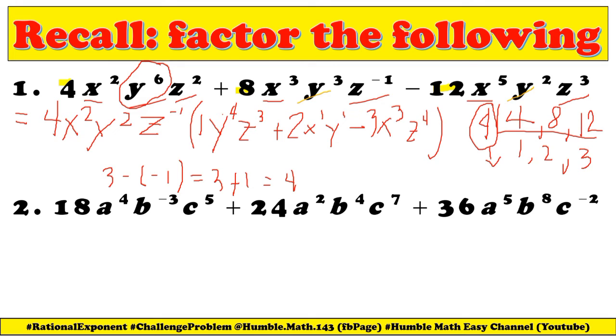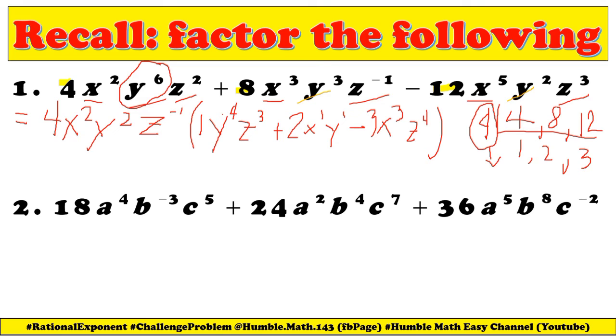Take note that this is very much important in dealing with rational exponents, because in our proper topic we are dealing with fractional exponents. So we have to review ourselves in dealing with how to factor polynomials.